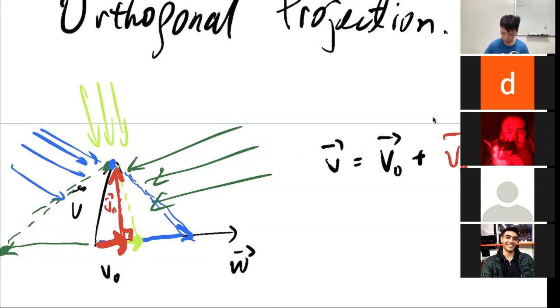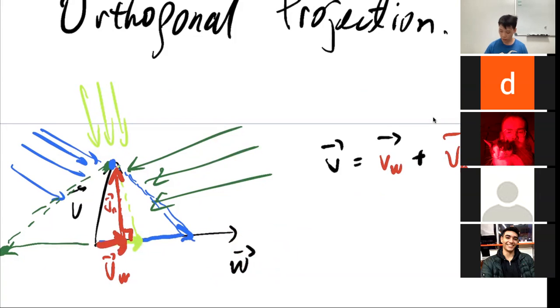Let's change the names, sorry. We call it v_w, right? So this part lies along the same line as the vector w. This projection is either pointing along the direction of the vector w or the opposite of the vector w, because it's a projection.